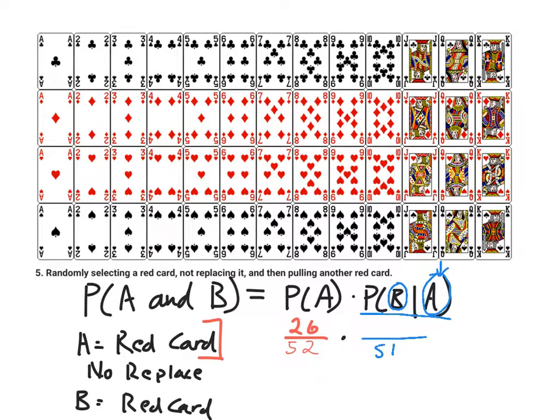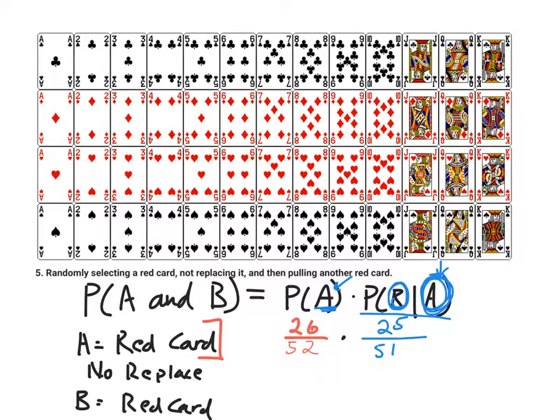And the number of good events has also changed because we originally pulled out that red card. That's what A is telling me. If I'm assuming that A has happened, which is what I'm doing here, then my number of good options has also decreased. So now there's no longer 26 red cards, there's 25. So that is my two ratios that I've got set up.